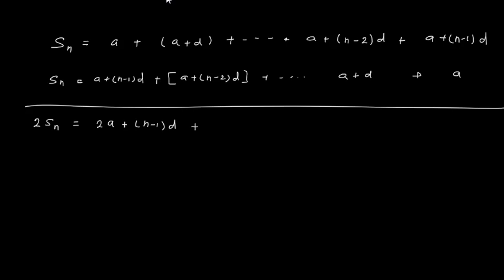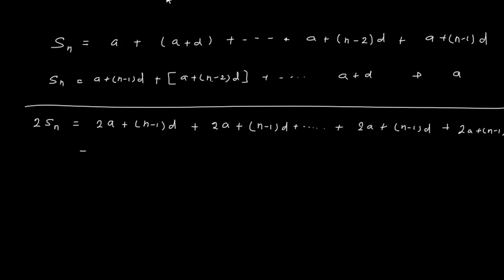Then a plus a is 2a, and d plus (n minus 2)d gives (n minus 1)d. Again 2a plus (n minus 1)d, and at last it is 2a plus (n minus 1)d.